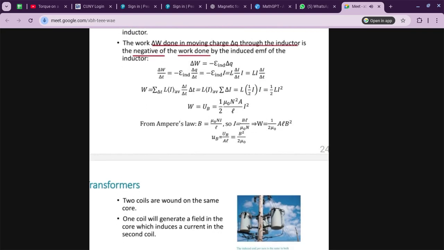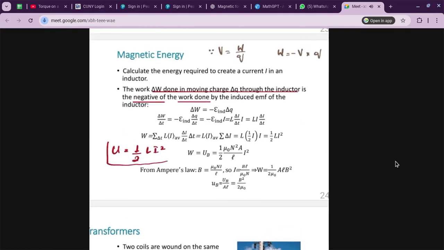Long story short, the magnetic energy is represented by U, and it is equal to half of L i squared. This is the formula for magnetic energy. Now, what is L?